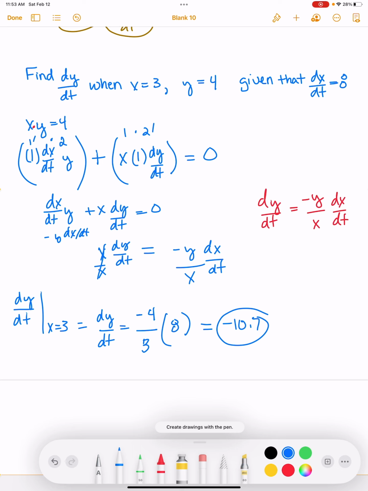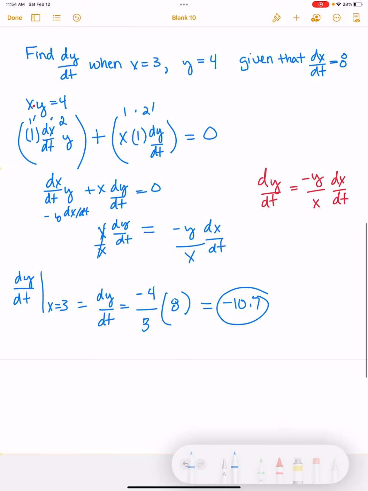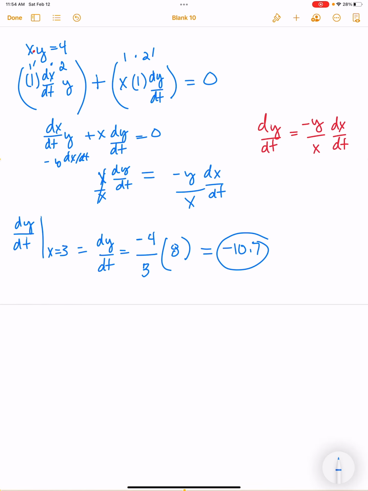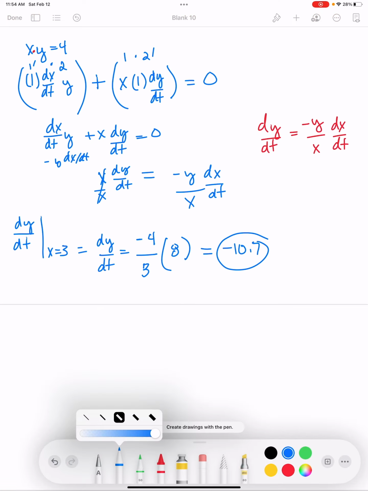Now, let's see. We could keep going, but oh, let's do one more part. Let's say, find dx/dt.